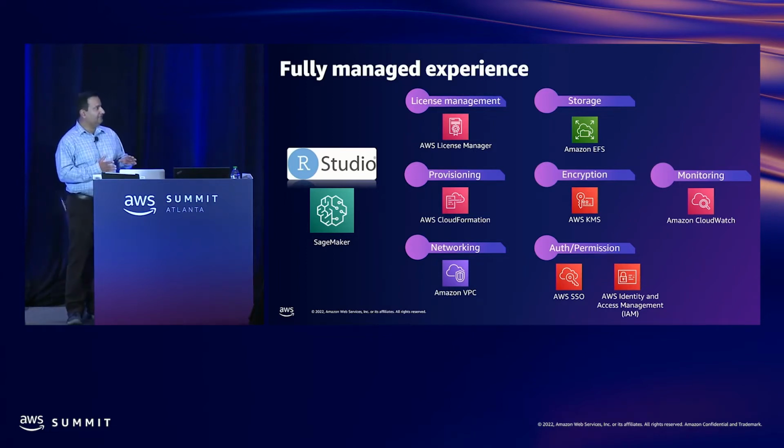Same thing with RStudio on SageMaker. There are API calls in R that you can use to access SageMaker Processing, and start those distributed processing jobs, number crunching, and feature engineering jobs using built-in containers, and then get the results back and do further analysis.